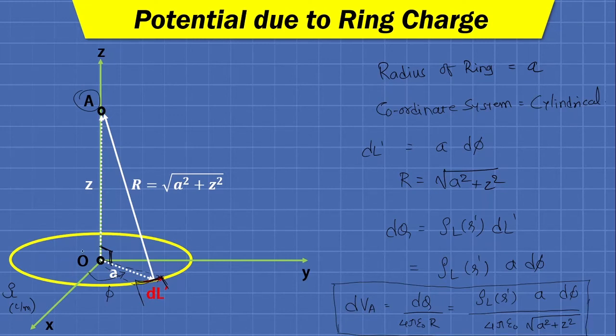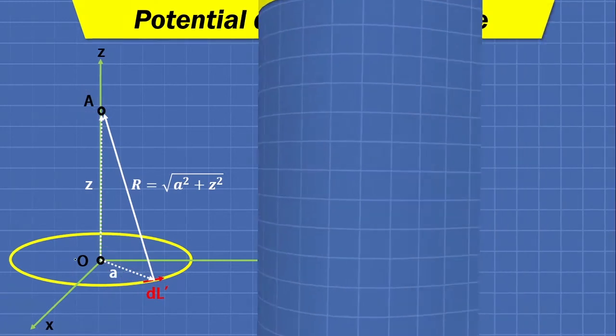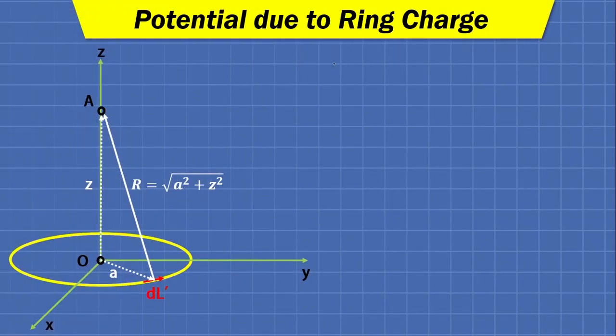Now if you want to find the total potential due to the ring, what will be the procedure? First we write the equation we have just derived: dVA equals rho l function of r prime a d phi divided by 4 pi epsilon naught square root of a squared plus z squared volt. If we want to find the potential due to the whole ring, we need the closed line integration.